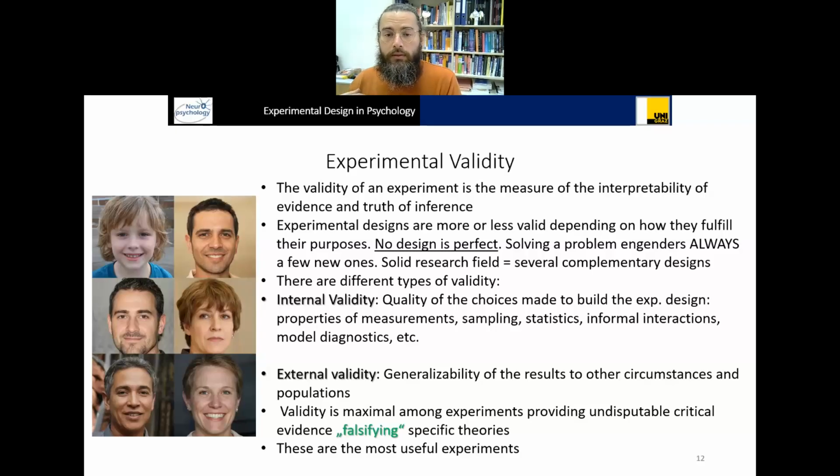But when you have a landscape of different experimental designs, so you use different techniques, you address different populations, and you use different tasks to make your measurements, you are able to combine the strengths of different designs and produce a solid ensemble of evidence.